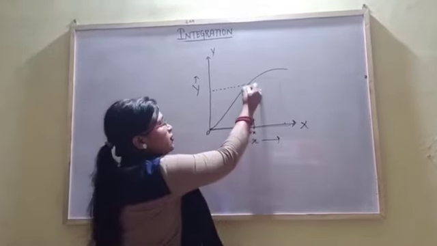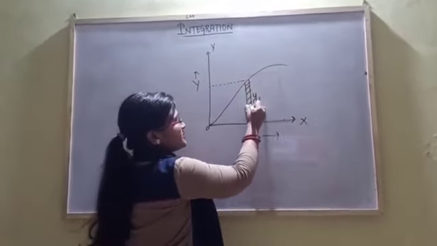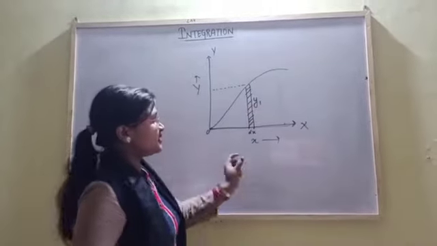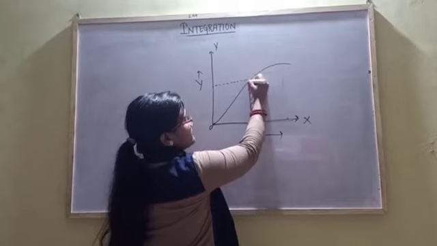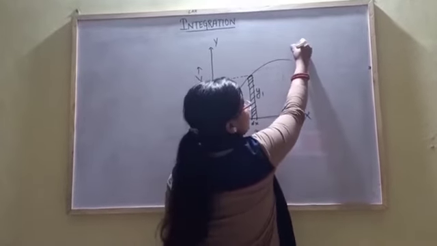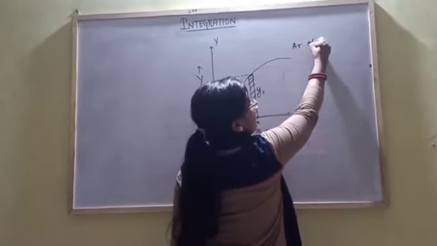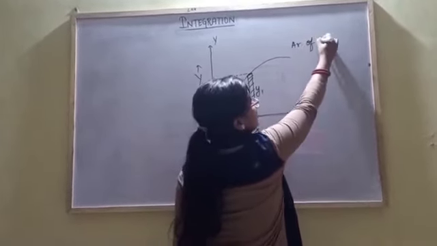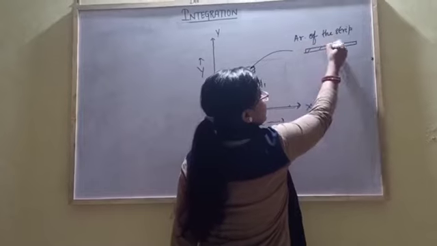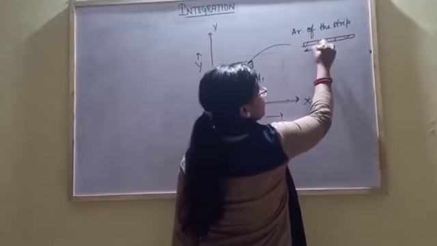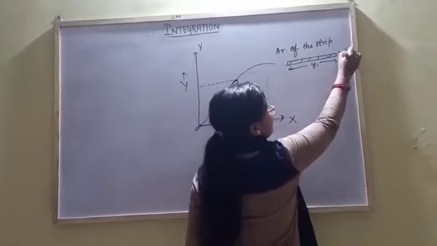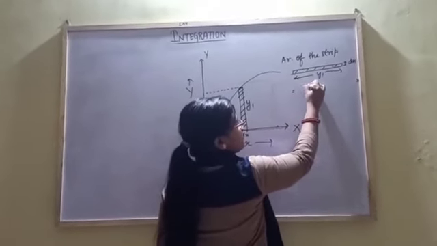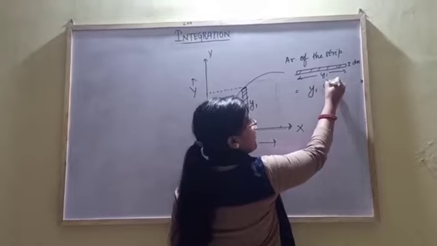Now you can find the area of this strip. It is a rectangle. So the strip is of length y1 and breadth dx, and you can find the area as length into breadth.